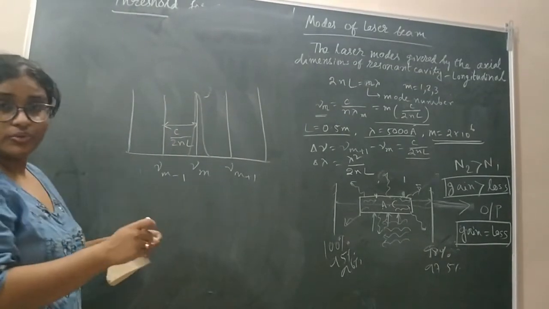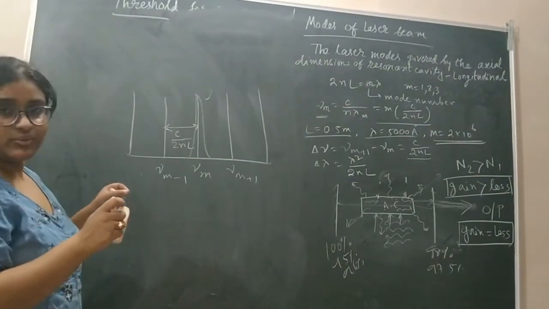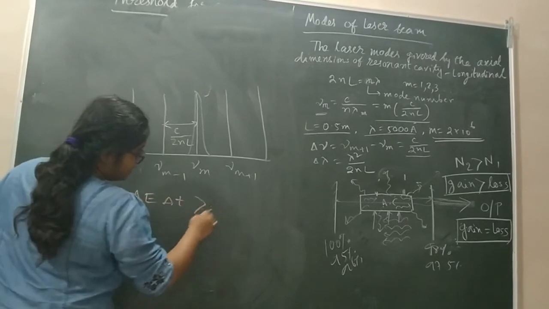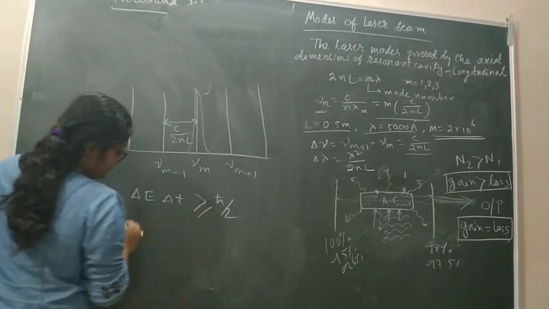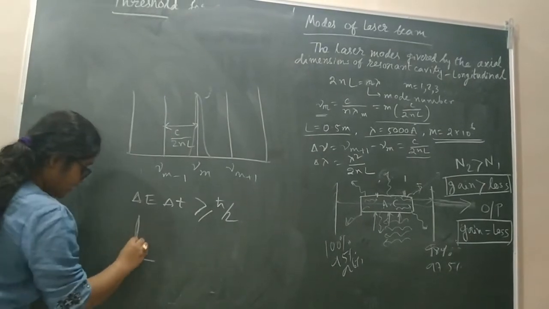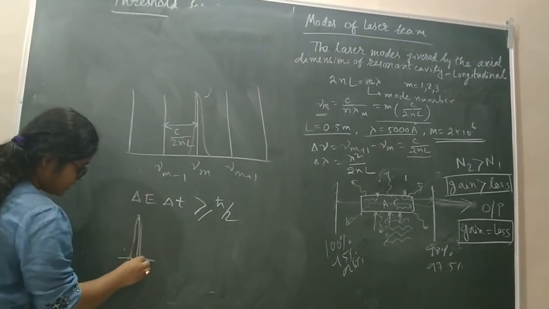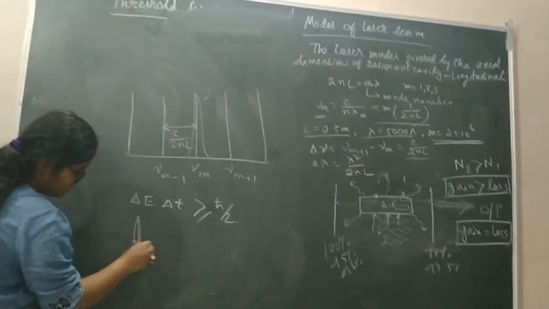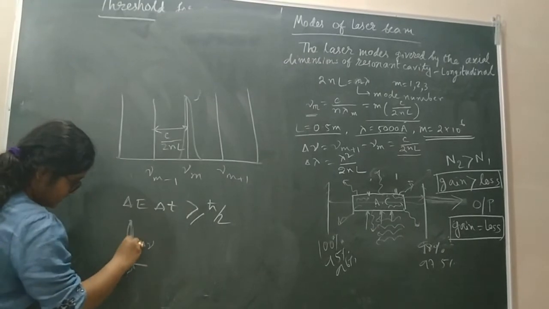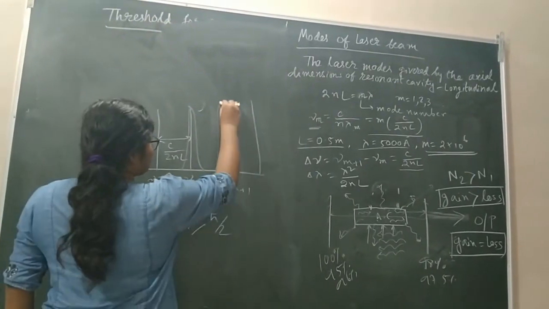Even if we somehow eliminate all the effects, due to its natural line width, that is delta E into delta t should be greater than or equal to h cross by 2, one frequency will not be one frequency, it will have some natural bandwidth which will be a Lorentzian curve, and this width is delta nu and the frequency at nu. Okay, so you will get it like this.